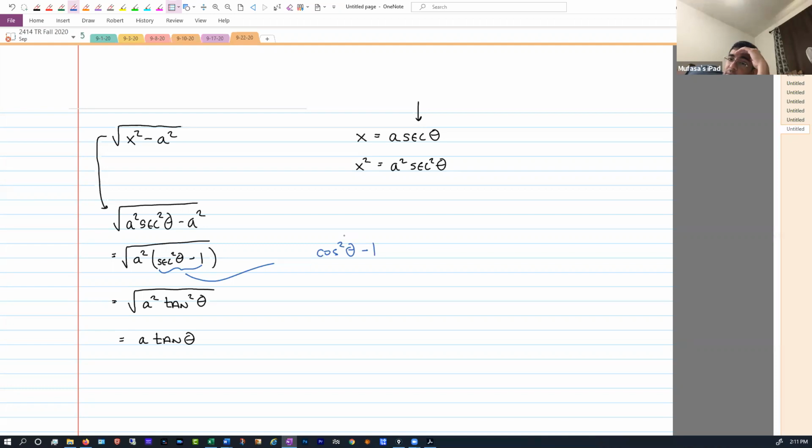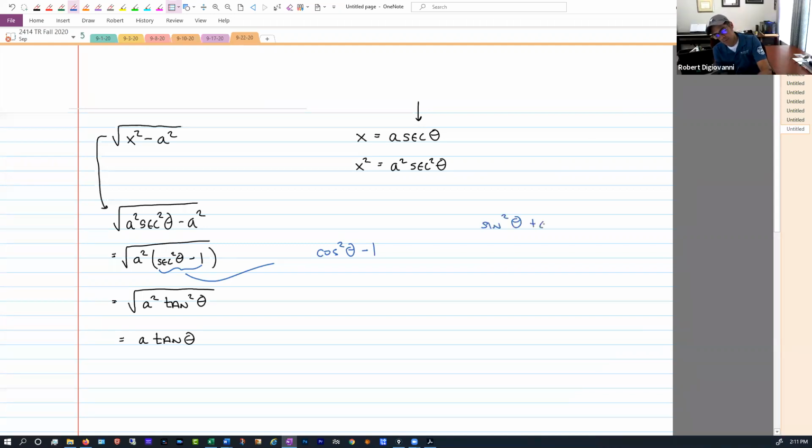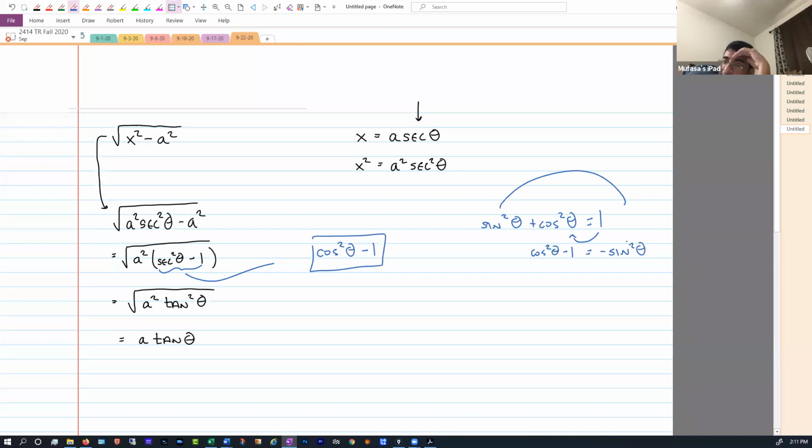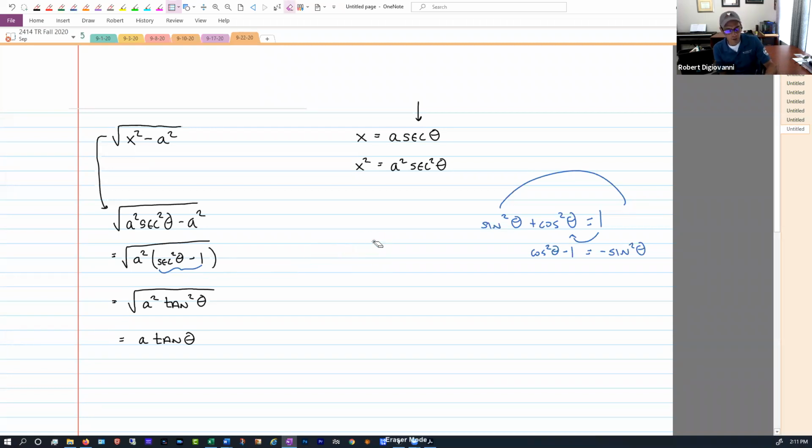Sine squared theta plus cosine squared theta equals 1. If I'm trying to rewrite this expression, I'd have to move the 1 over, which would make that cosine squared theta minus 1, and then I'd have to move the sine over, which would make it negative sine squared theta. And the problem with that is then we would have a negative under the root. We can't have the negative under the root. So the appropriate substitution here is to do a secant theta.